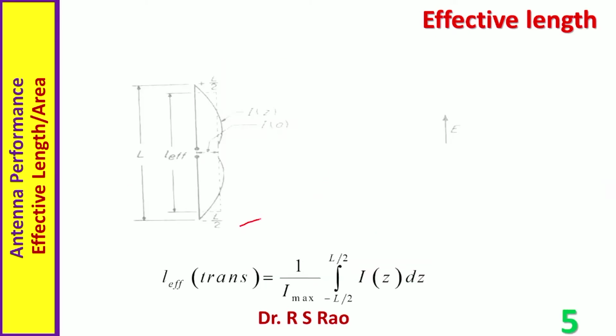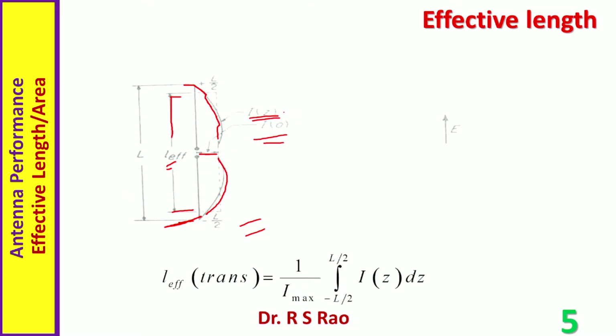Here the definition is illustrated. L is the physical length, capital L. L effective is the effective length, this one. I of Z indicates the current distribution. Here you can see it is varying in a sinusoidal manner. What is I of 0? It is here.